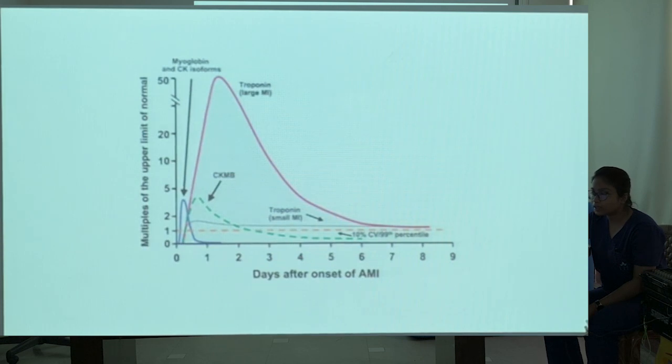This diagram shows the different cardiac biomarkers, with days after onset of acute myocardial infarction on the x-axis, and the levels of the cardiac biomarkers as they rise and fall over a period of time. The most important cardiac biomarker is cardiac troponin, shown in the red line.